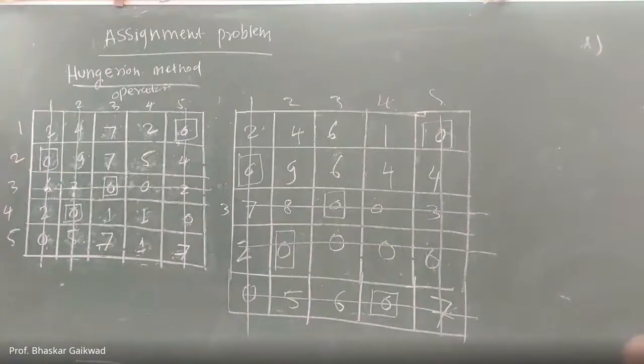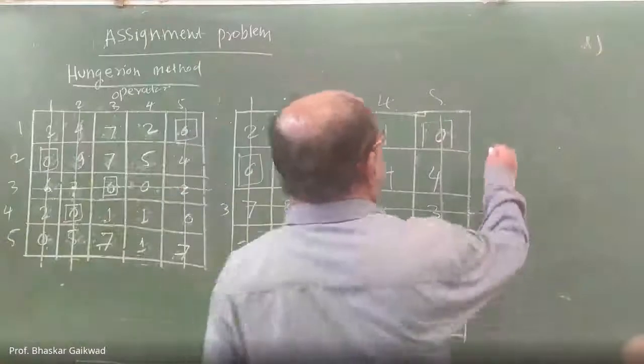Now see that in the next table, the number of squares is 5. That means optimum solution is there. Number of rows is 5. That means optimum solution is there. So job numbers will be assigned to operators.